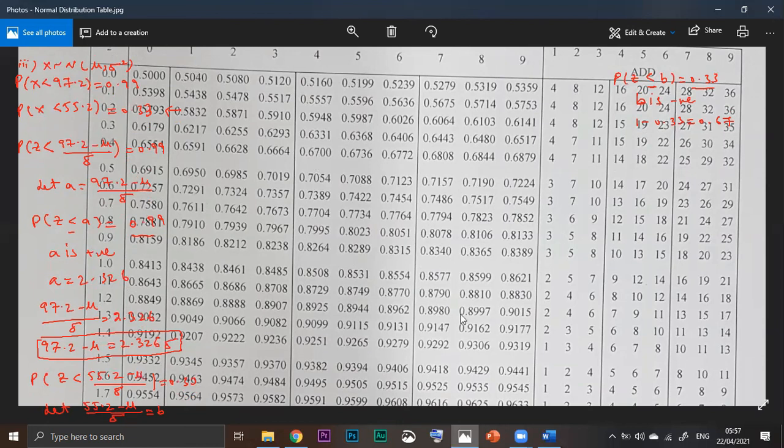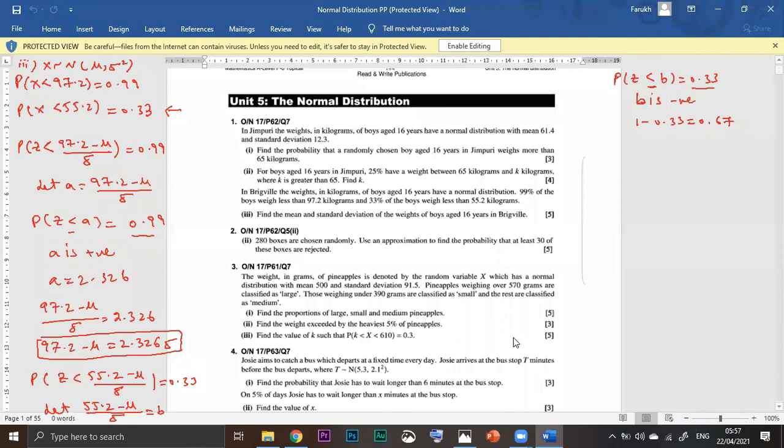So b is equal to 0.44. Mila, is there any mistake in writing b is equal to 0.44?